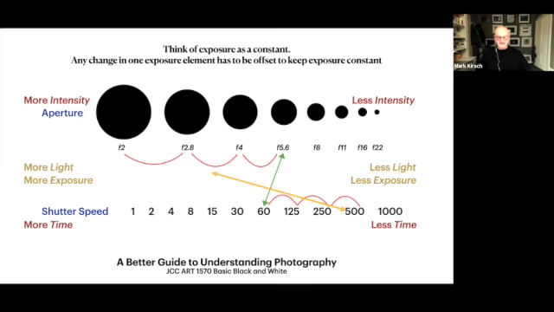And what happens is that combination, 500 at f2, lets in exactly as much light as 60 and 5.6. So as many times as you go one way, you go that many times the opposite way.